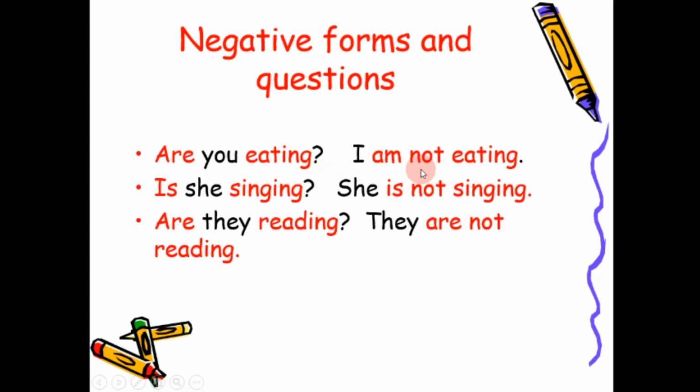I'm not eating. In negative we add not or n't. Is she singing? She is not singing. Are they reading? They are not reading. This is a yes or no question, and this is the negative form, we add not.